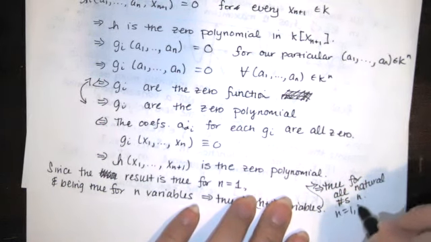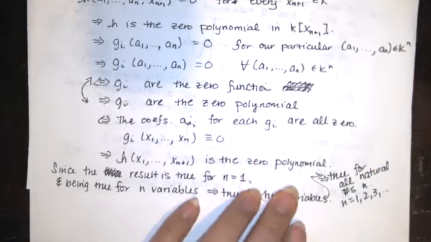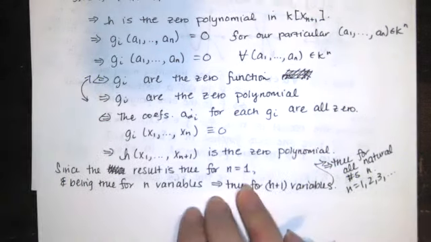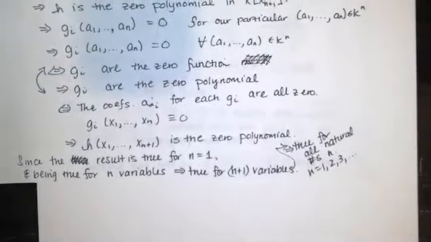So n equals 1, 2, 3, 4, all the way to infinity, countable infinity, and so on. You could have a million variables and it would still be true because a million is finite and it's a natural number.